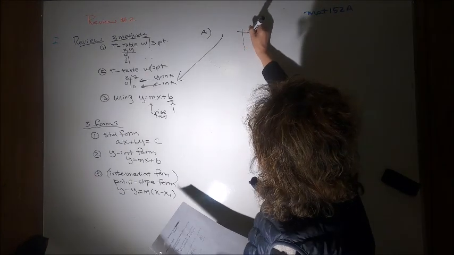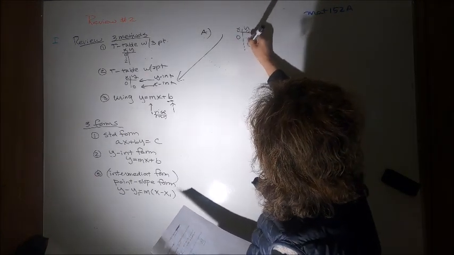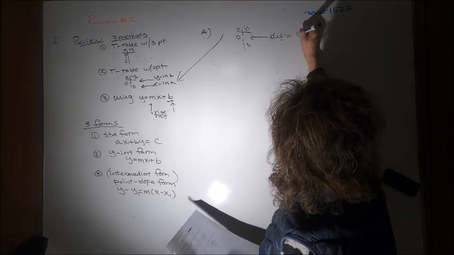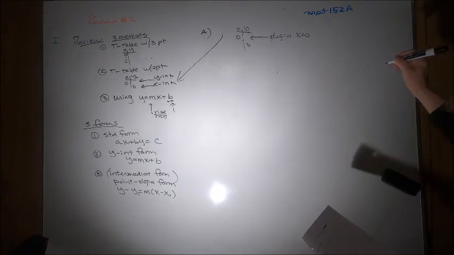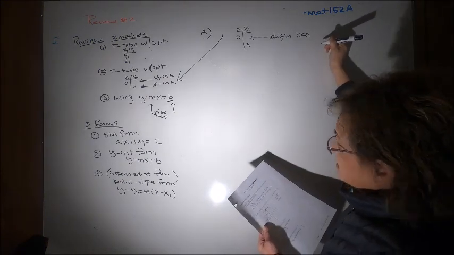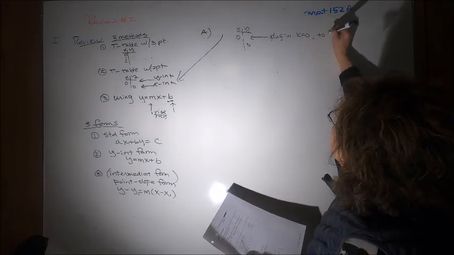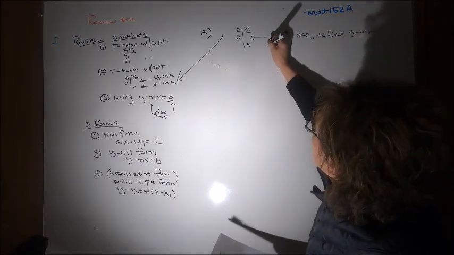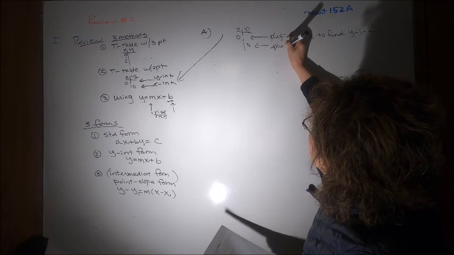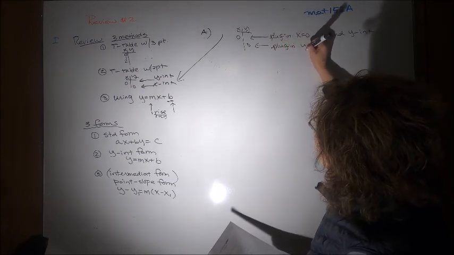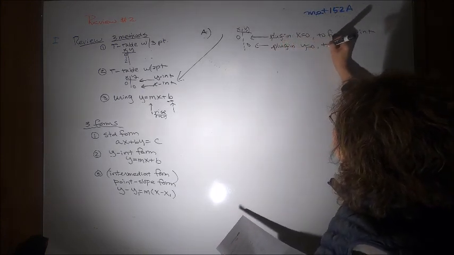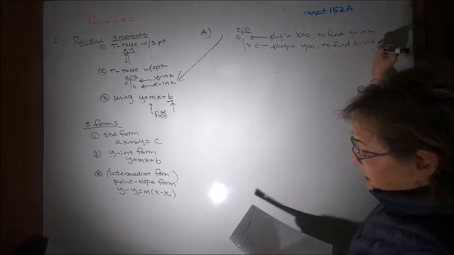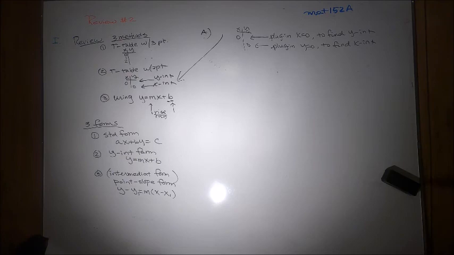So that's how you do it. So you plug in x is 0 to find the y-intercept, right? And for this one you plug in y is 0 to find your x-intercept, the opposite, right?